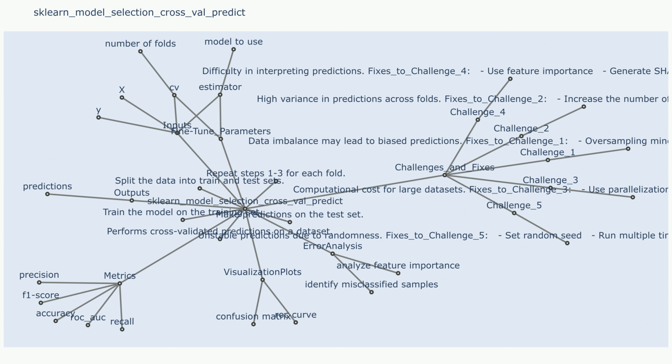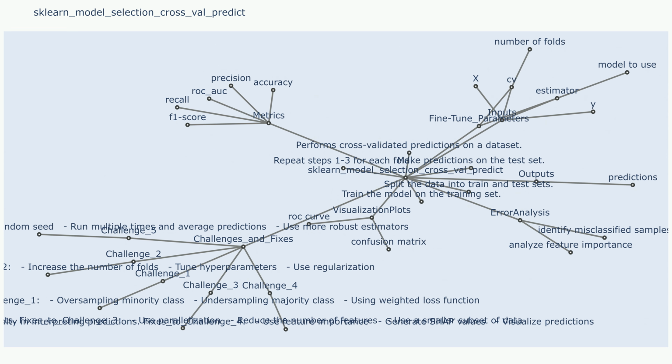CV results. This parameter is optional and not always used. If you set return_train_score to True, it provides a dictionary with the scores for each fold and each metric you specified. This helps you analyze the performance of the model during the cross-validation process.